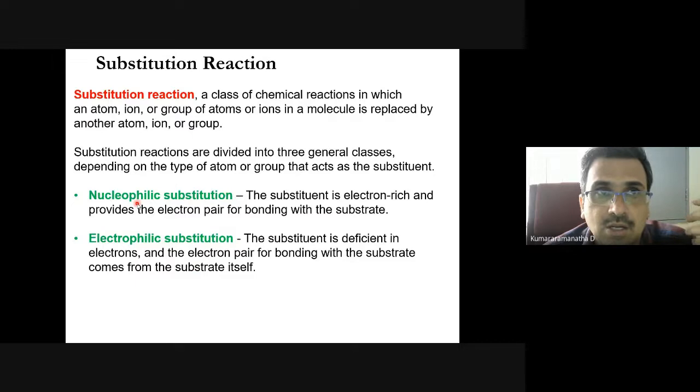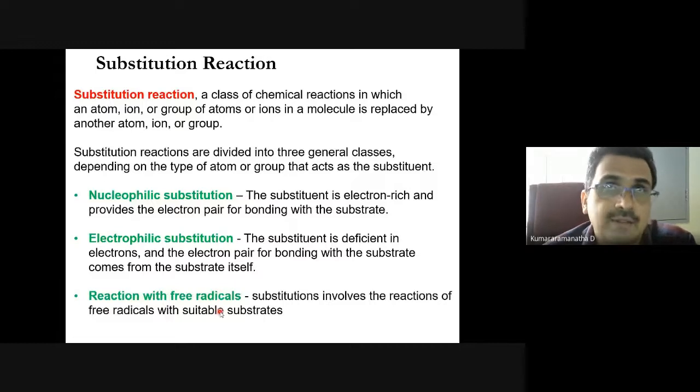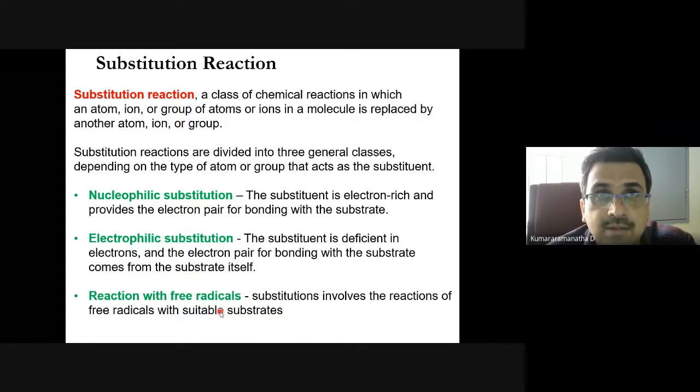Instead of a nucleophile, we have an electrophile, which is electron deficient. So the substituent is an electron deficient compound, where once it pairs a bond, it forms a molecule. And of course, instead of nucleophile or electrophile, we can have free radicals which are involved in substrate binding.